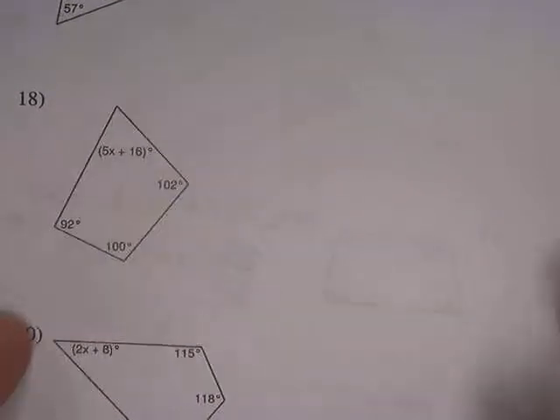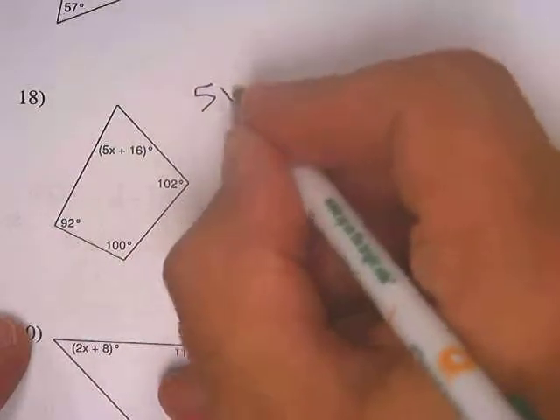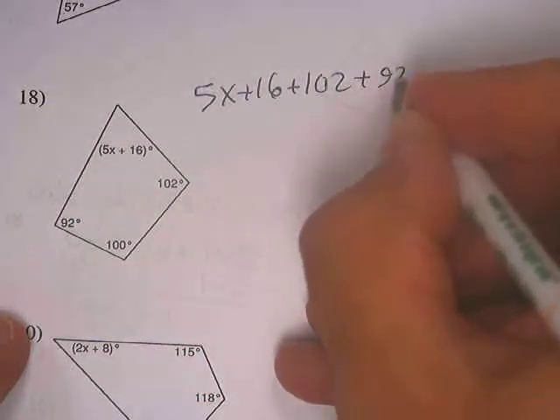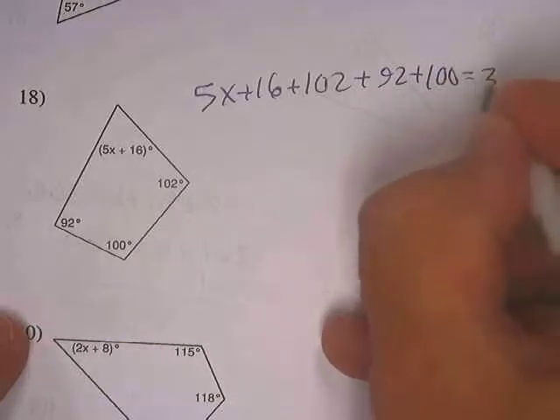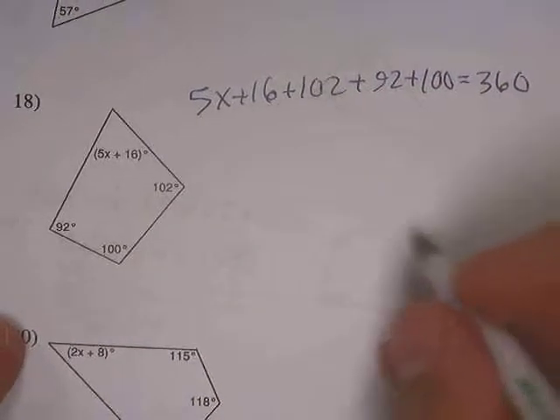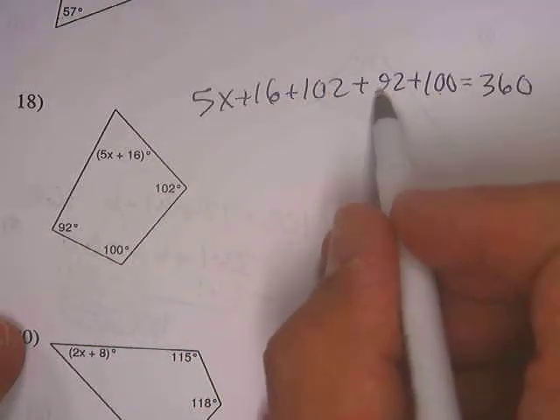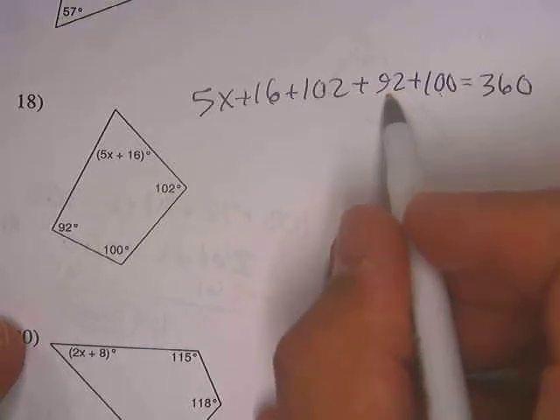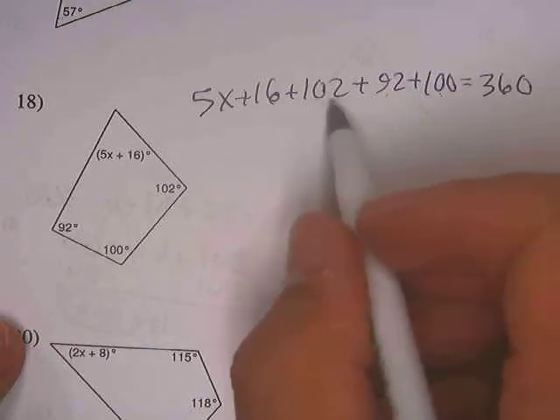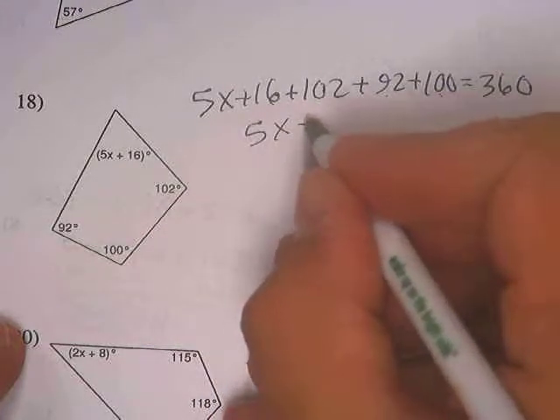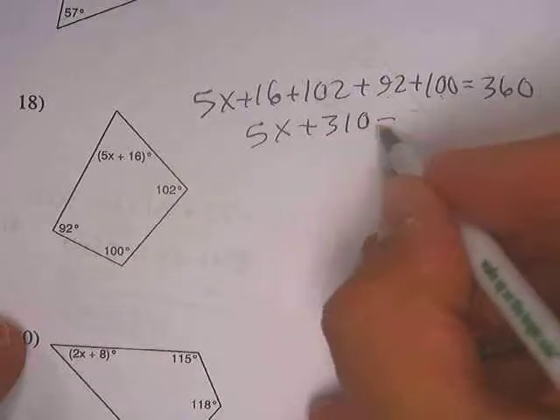Okay, same thing with quadrilateral, only quadrilaterals add up to 360. So I take 5x plus 16 plus 102 plus 92 plus 100 equals 360. Add these together. 100 plus 92 is 192. 192 plus 102 is 294. 294 plus 16 is 310.